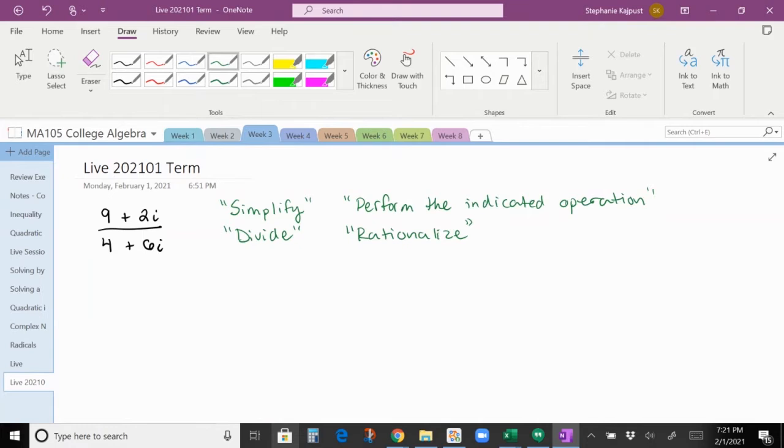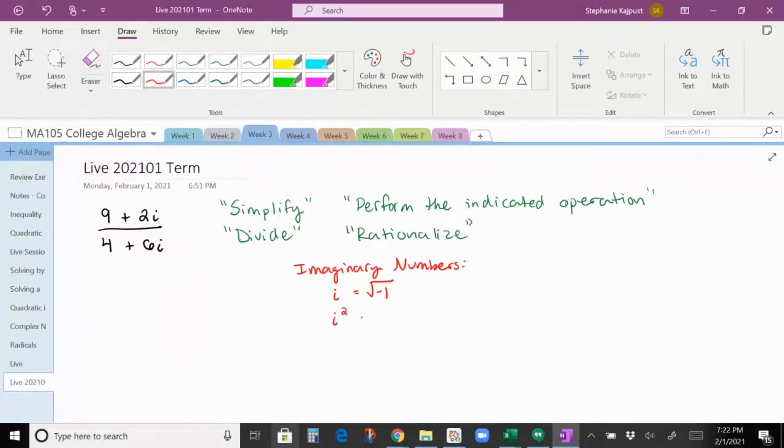So step 1 is we want to get rid of that imaginary part in the denominator. And we do this by kind of using some tricks. So with imaginary numbers, we know we've got i, which is of course equal to the square root of -1, but that's not really useful.